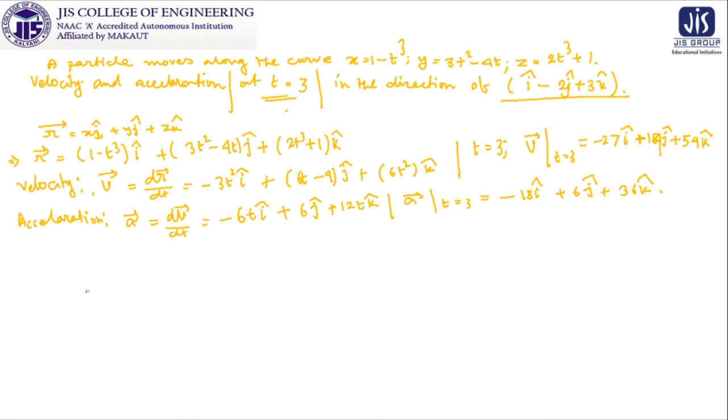First part of the problem is done. Now we have to find the unit vector, because if you recall the first or second slide, u is taken as the unit vector in the specified direction. We need the unit vector in the direction of i minus 2j plus 3k.